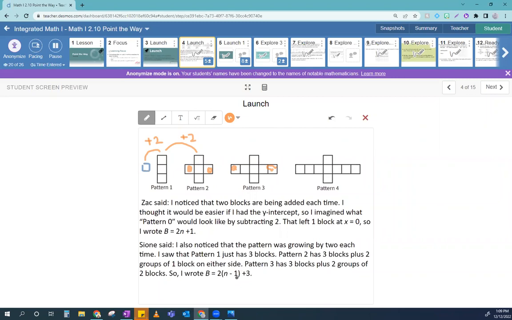Wait, what's n minus 1? If we're at 3, n minus 1 would be today minus 1, which would be yesterday. Very good. So this would be 2, so it would be 2 times 2, 2 groups of 2, plus our 3. Very good. So let's continue.